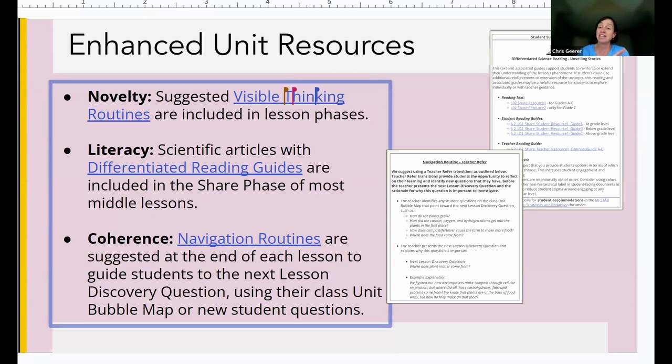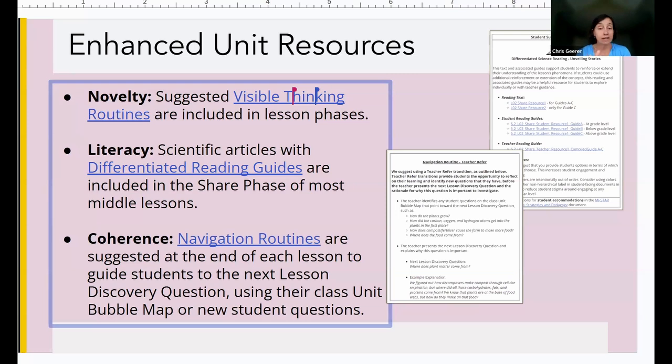Then as we did the enhancements, the curriculum writers would go through that list and choose something that seemed to fit with the content and suggest a visible thinking routine. Almost always it's in the share, so you're not just doing a gallery walk every single time. You don't have to use our suggestion, but it's there if you feel like changing things up, or you feel like your kids are getting bored.